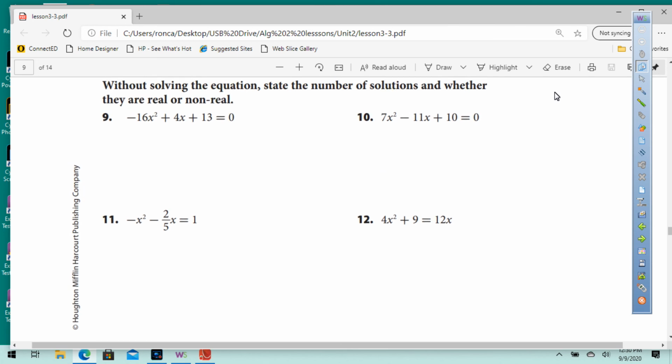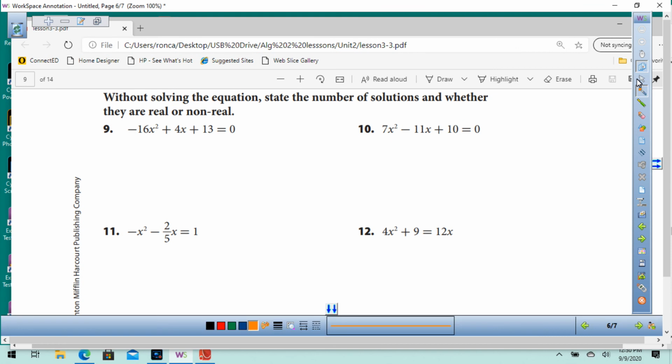Without solving the equation, state the number of solutions and whether they are real or not. Okay? And there is an easy way to do it. The discriminant.